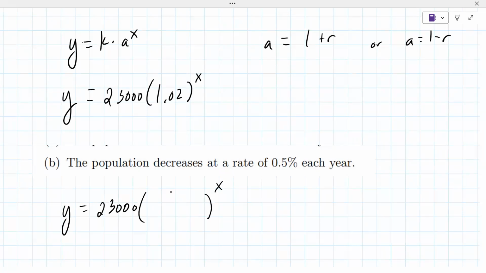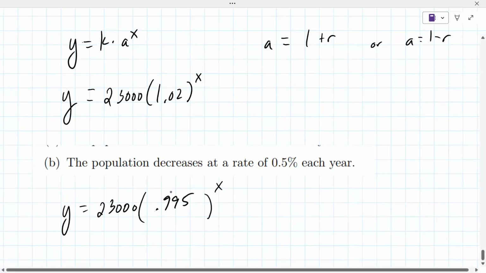So the decimal would be point... 0.005, so it would just be like 0.995. Yes, very good. I wasn't sure. You were going and then you got it. It was really good. My brain was falling asleep there for a second. You did all the right stuff there.